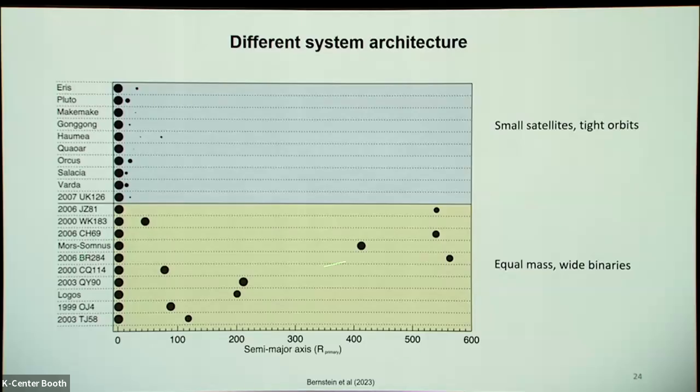On the low mass, you have equal mass objects in wide binaries. I agree with Proudfoot that if these objects were not binaries, I wouldn't care about them. So I would love it if you found moons for Ixion and Varuna so that we can see where they lie in this plot. These here are easy to find because of that.